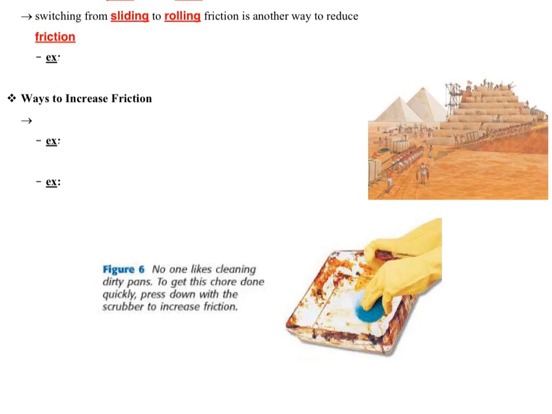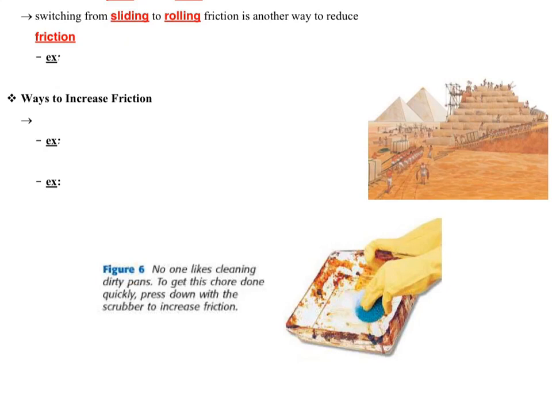When the pyramids were built thousands of years ago, the pyramids are in the middle of the desert, and so there's lots of sand in the desert, and they're made of these enormous blocks that are like half the size of our classroom. And so those blocks would be pretty hard to drag through the desert sand.